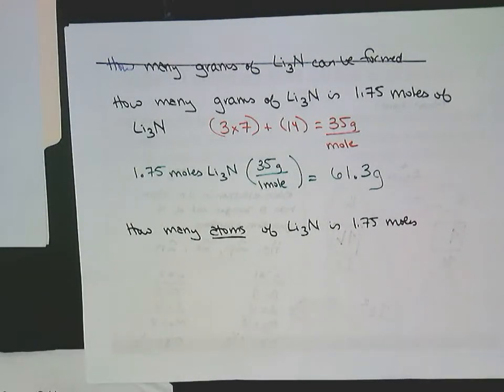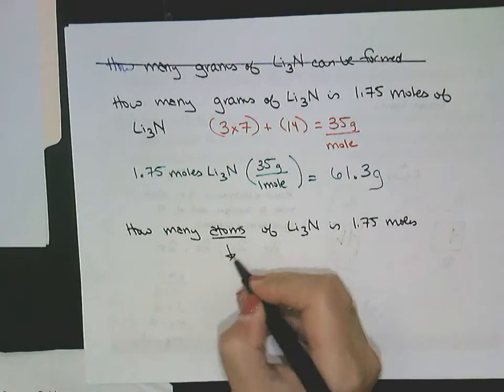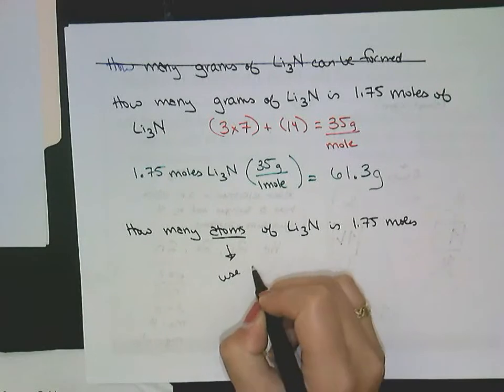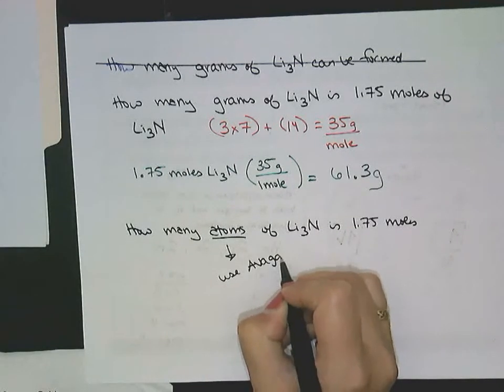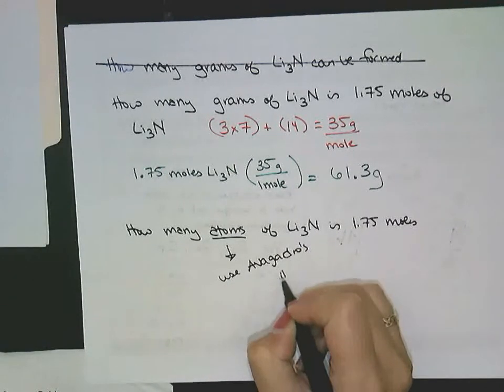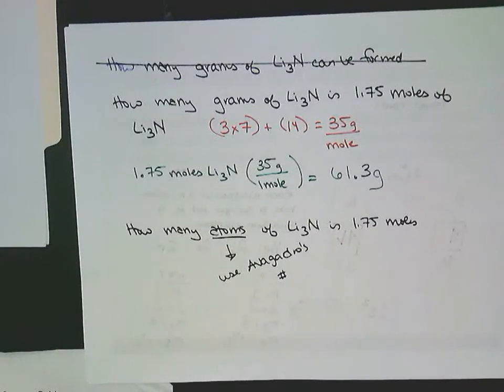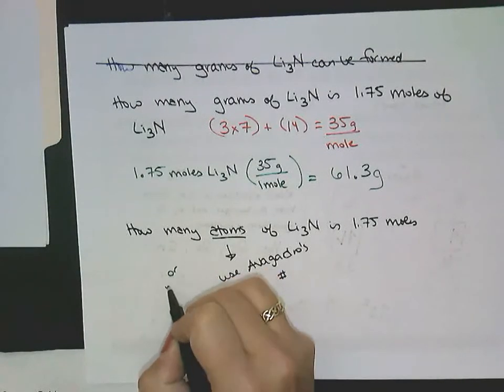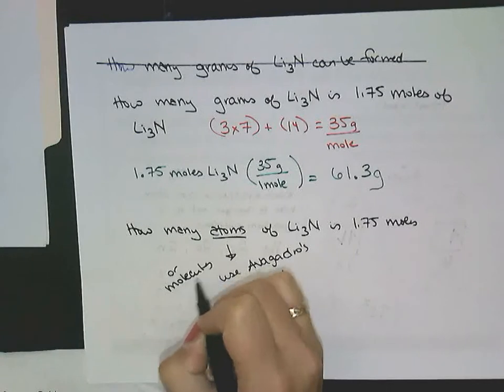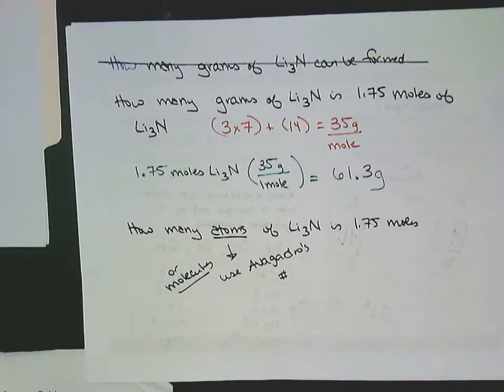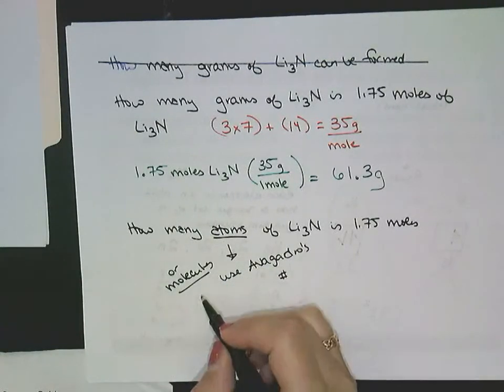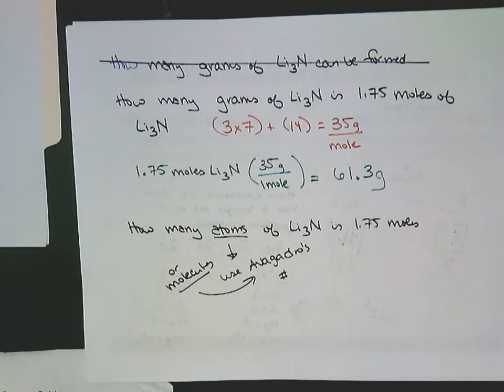So if you see the word atoms or molecules, that's a key word. Those two words mean somewhere in your math you need to use Avogadro's number.